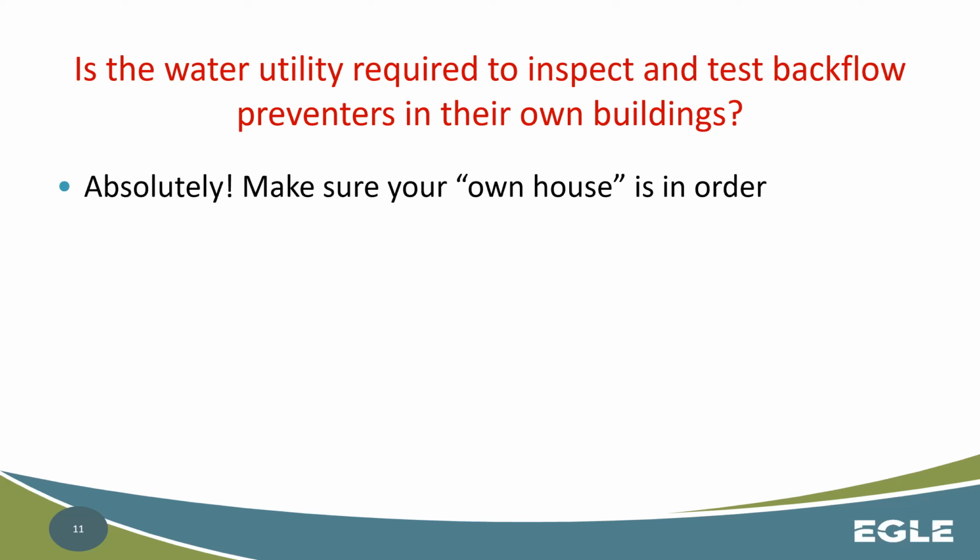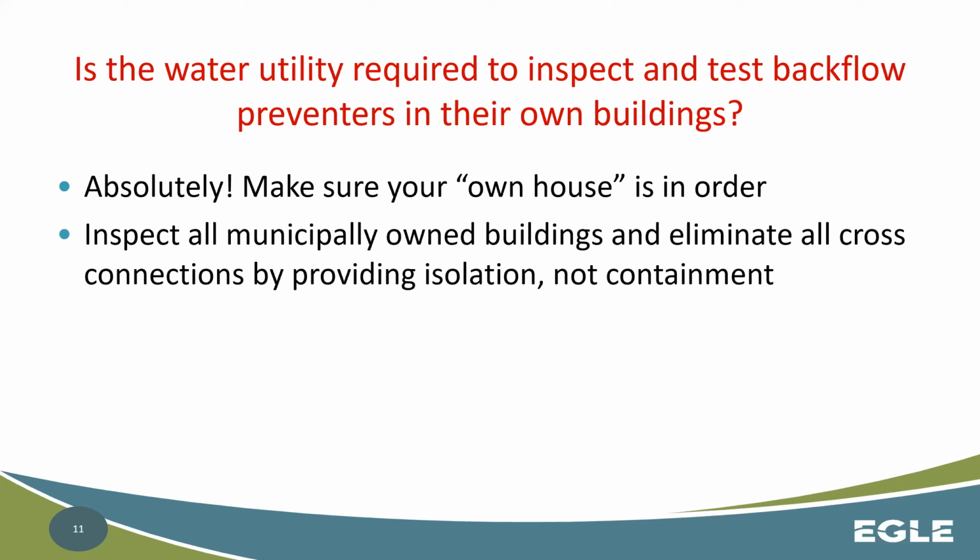It should be inspected at frequency, should be tested at frequency, and act as a role model for your community. And tell your story about it. Tell your story about how you did this and how you did that, because it helps residents understand what you're doing and why it's important, okay?